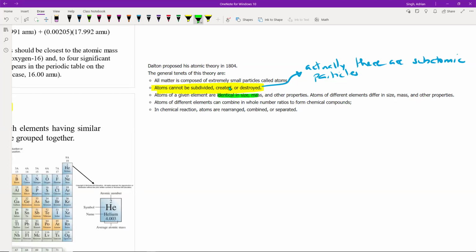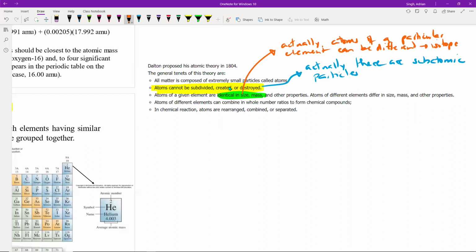Now, we've also found this not to be entirely true because we just talked about isotopes. So actually, they can be different. Atoms of a particular element can be different from each other, right?